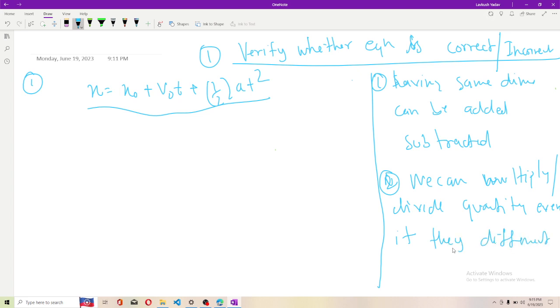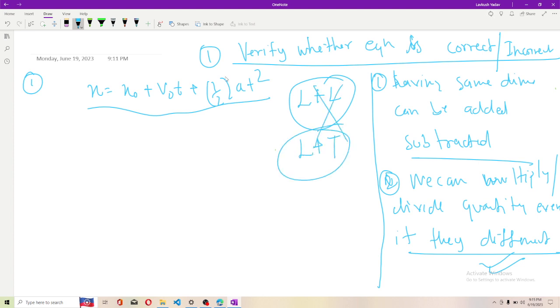That is not problematic when multiplying or dividing, but in addition and subtraction we cannot do it. Length can be added with length only. Length cannot be added with time. You need to know it.